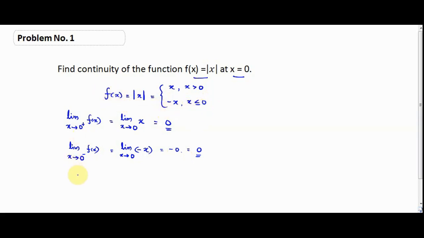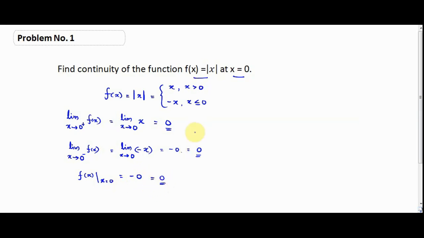You can check the condition at x equal to 0. Here f of x is defined as minus x at the point x equal to 0, therefore it is equal to minus of 0, and we are getting it as 0.